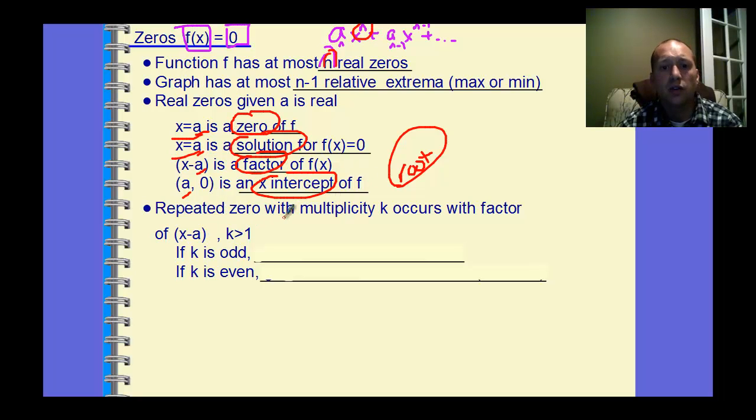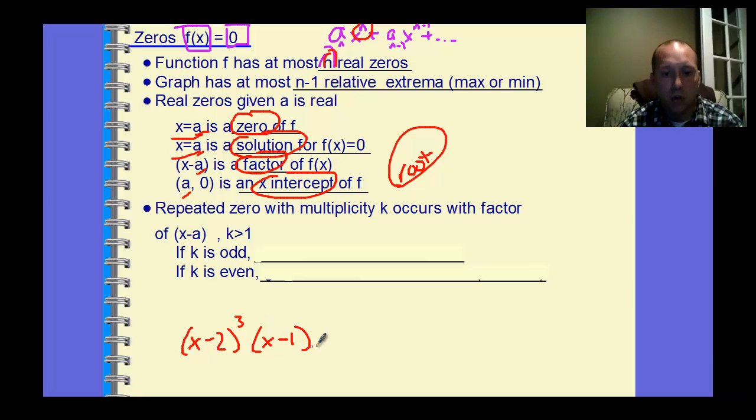A repeated zero with multiplicity k occurs with a factor of x minus a when k is greater than 1. All we're saying here is that sometimes you have more than one factor. If I had x minus 2 to the third power, that has multiplicity. It has a repeated factor. So that zero of x equals 2 occurs more than once.